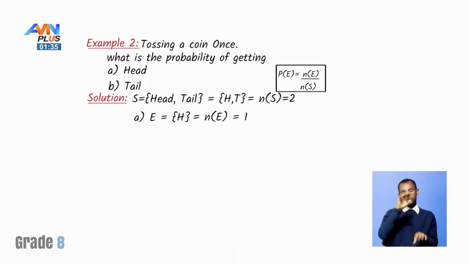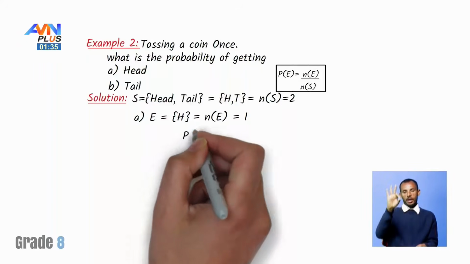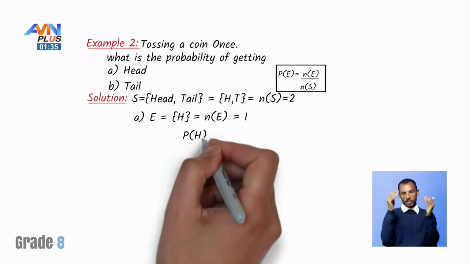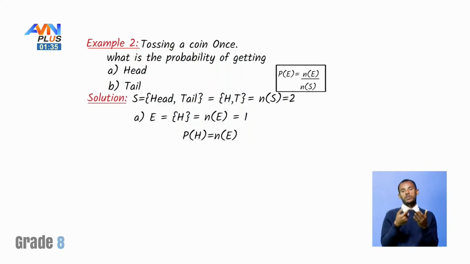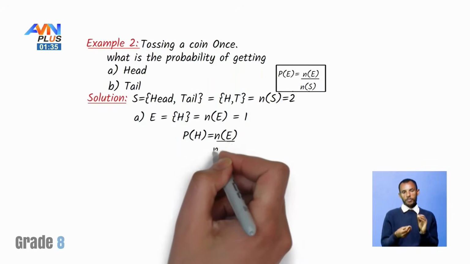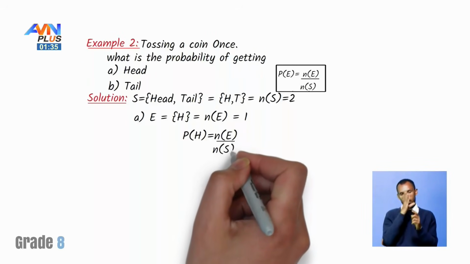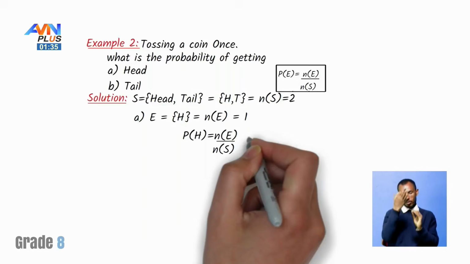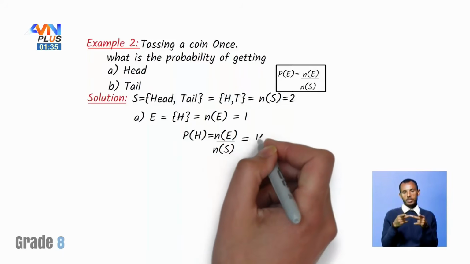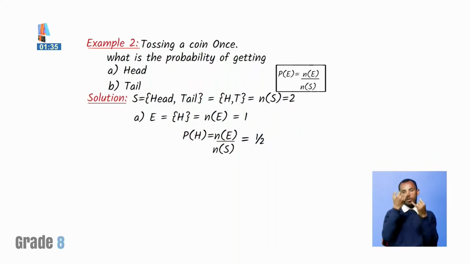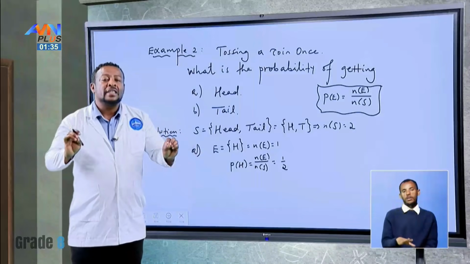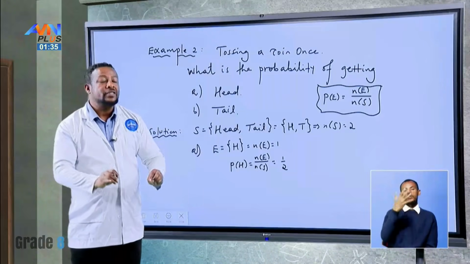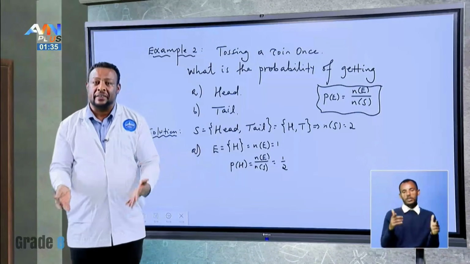So the probability of getting head in this experiment is equal to the cardinal number of the favorable condition over the number of the sample space. So this is 1/2, or 0.5, or there is a 50% chance for head to occur, right?